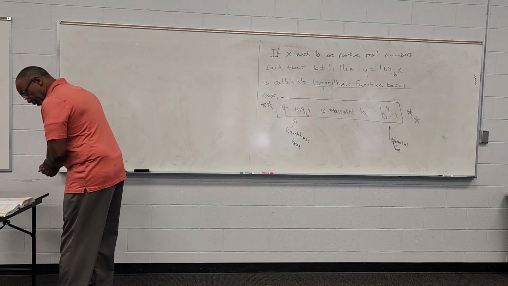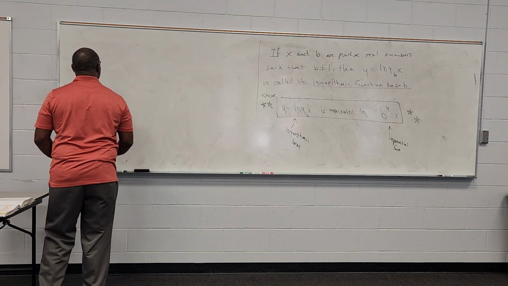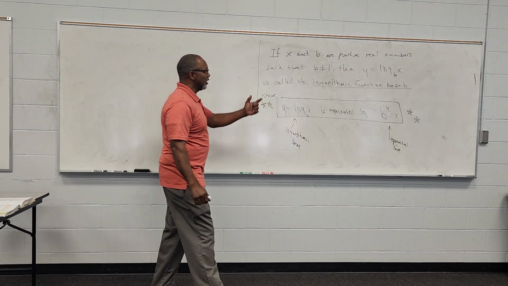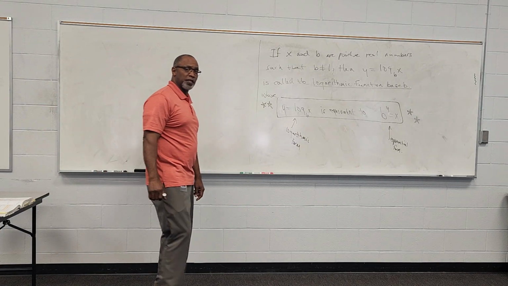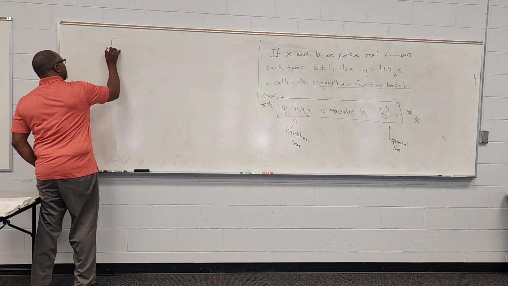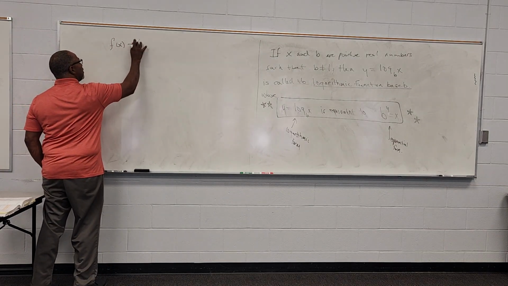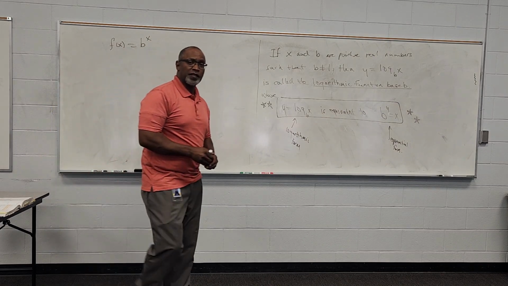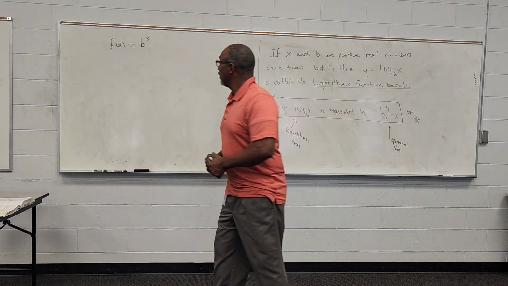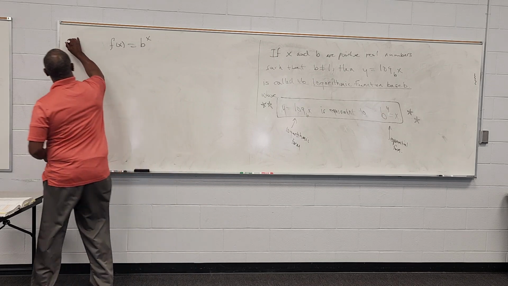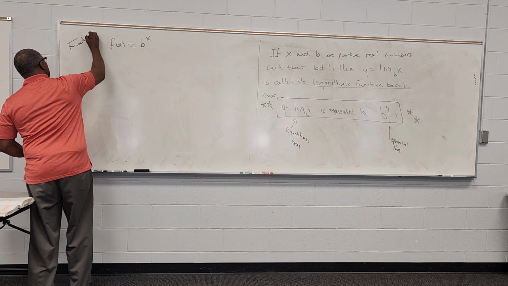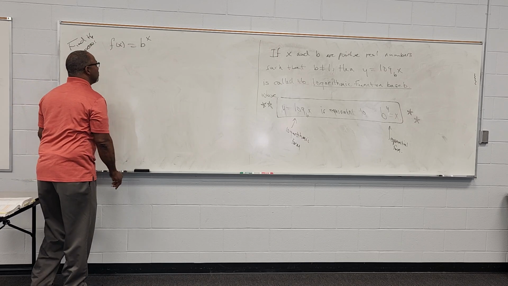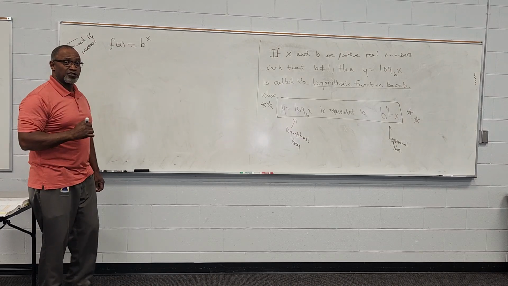Okay? So, why do we need this definition of the logarithmic function to base b? Well, let's think about this for a second. If I have an exponential function, f of x equals b to the x, and I ask you to find the inverse. Well, we had a four-step process for finding the inverse.